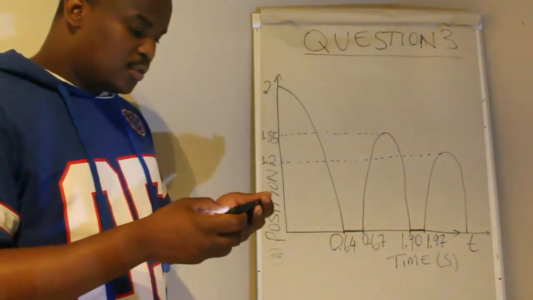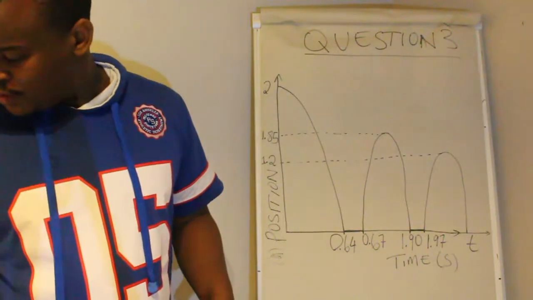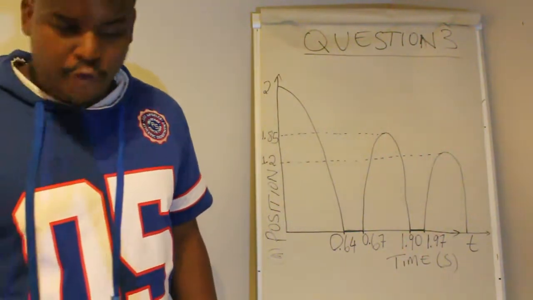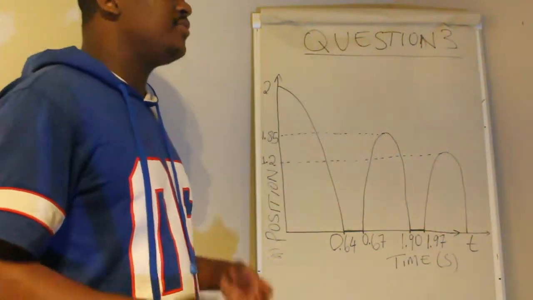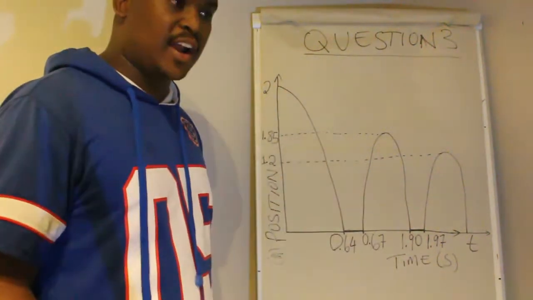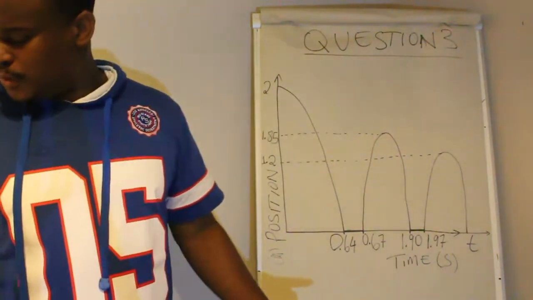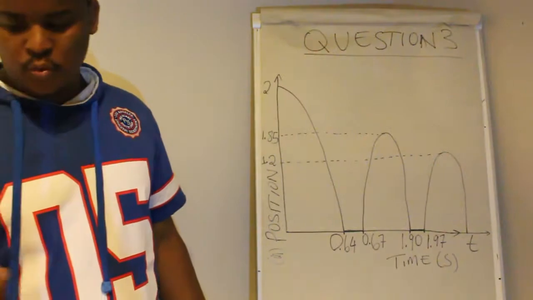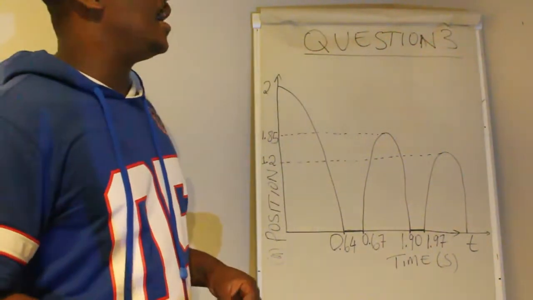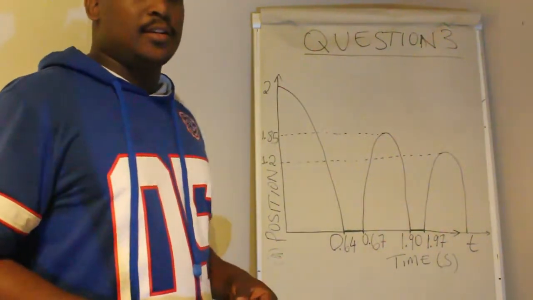So let's go to the first question. Question 3.1. Define the term free fall. So what is free fall? Free fall refers to objects that are falling under the influence of gravity only. For example, if you note what they said here on this question, they said ignore the air friction.